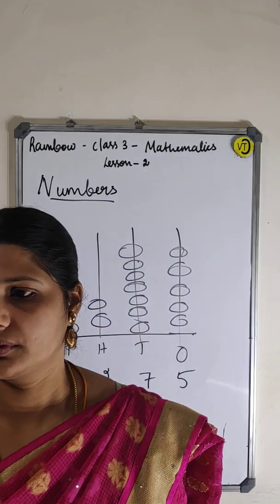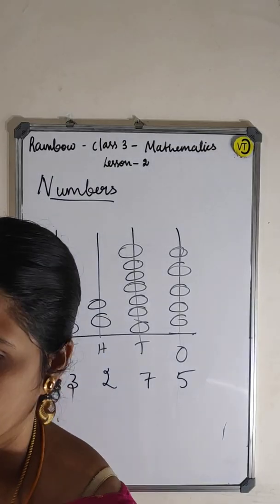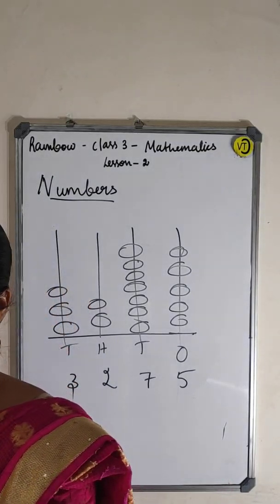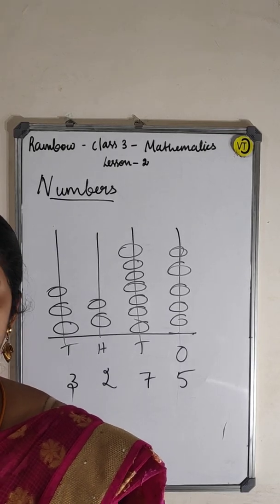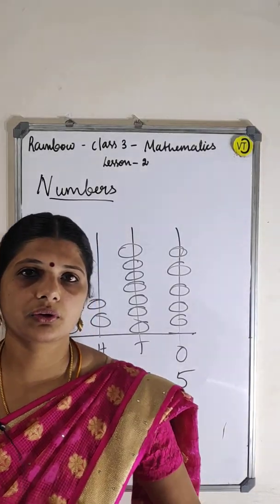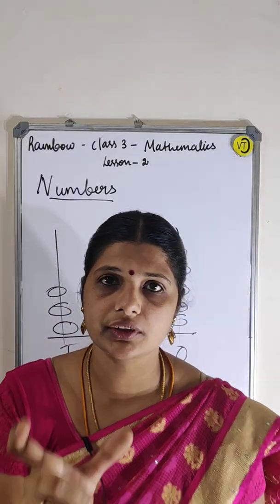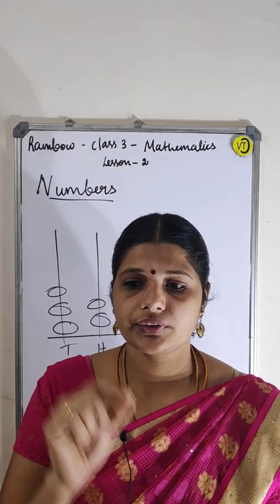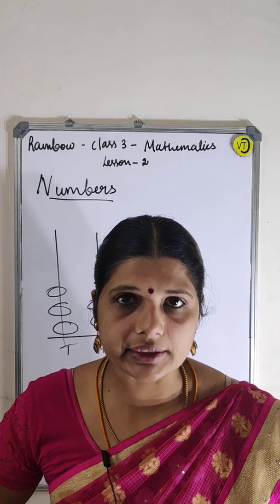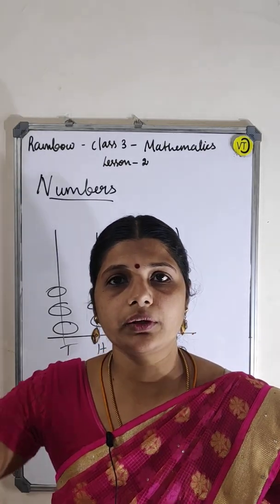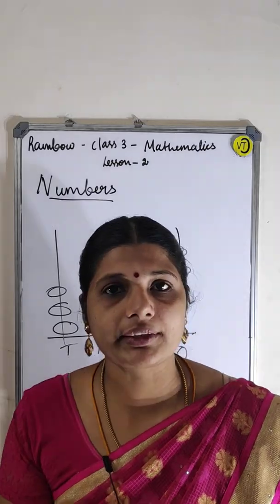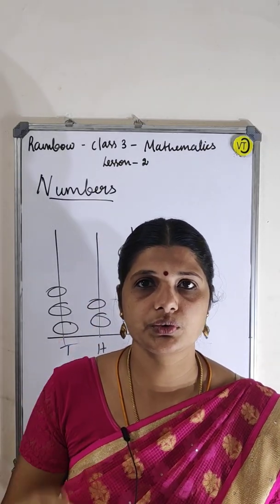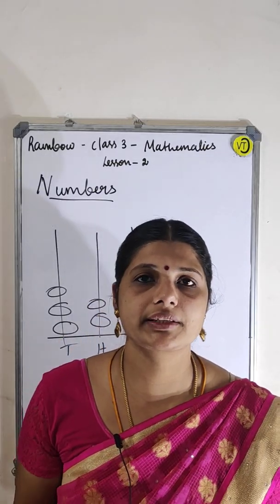Okay, fine. The next topic is how to write in the standard form if they give the words. See, listen, 5203, if they give it in words, how can you write it? 5203, because the tens place is not there, right?